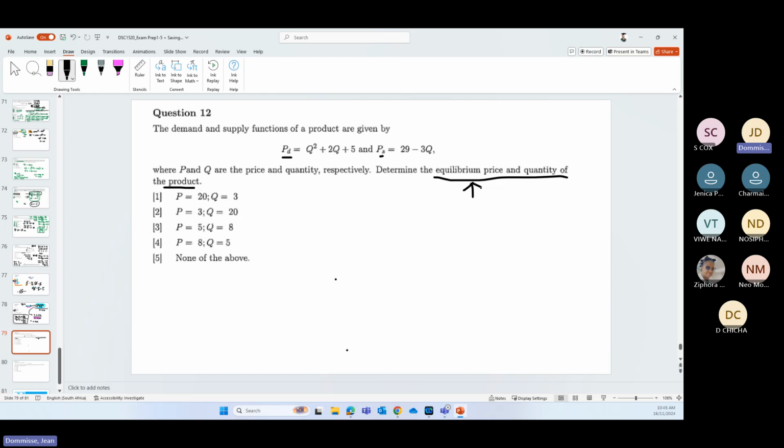What will we need to do? What's that formula to work out what equilibrium price will be? So what must be equal to what for us to solve that?